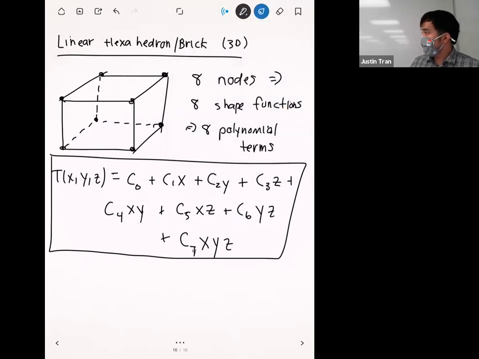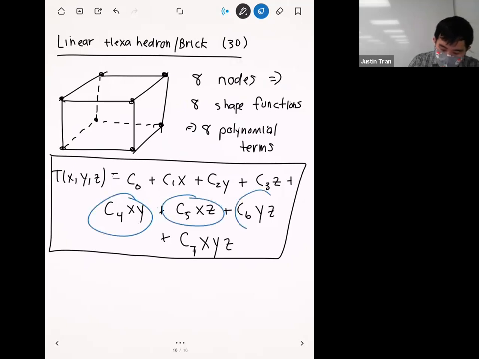Once again, even though technically this element type is linear, you have all of these cross terms, all of these pseudo-linear terms, where if you take the derivative of this function in either direction, you can still have some variation.